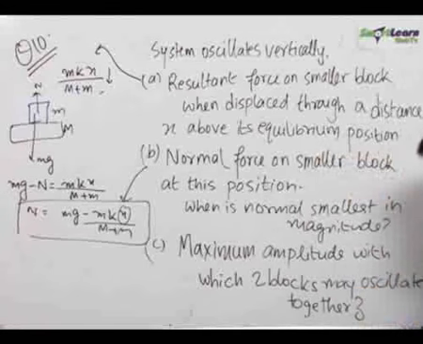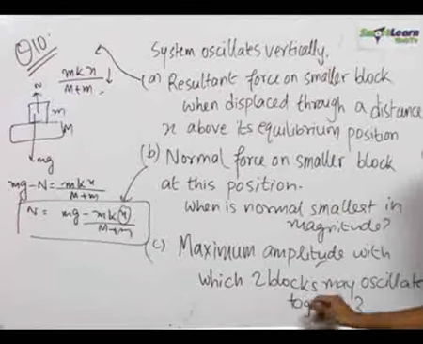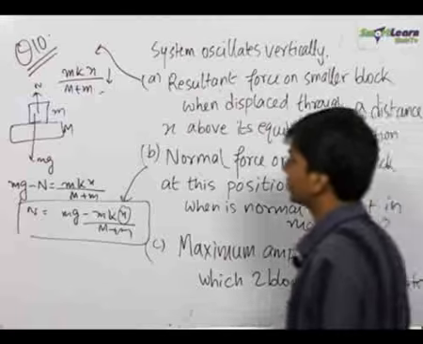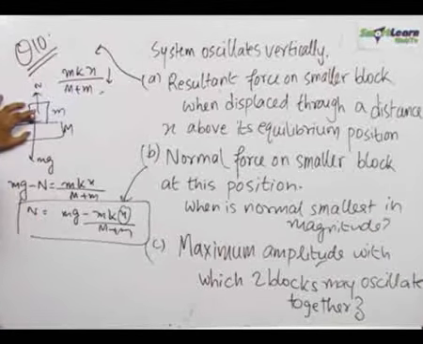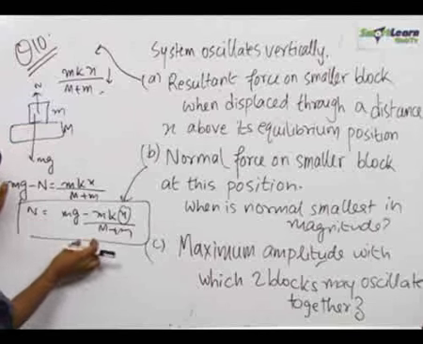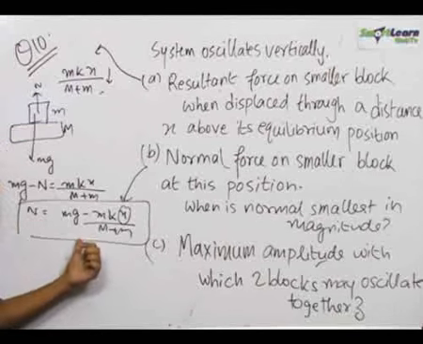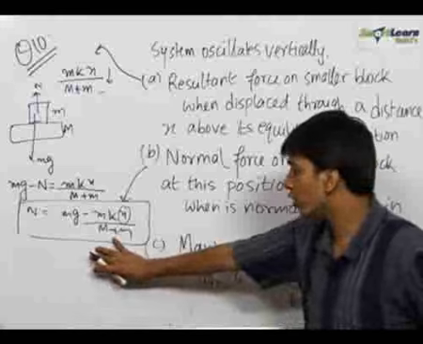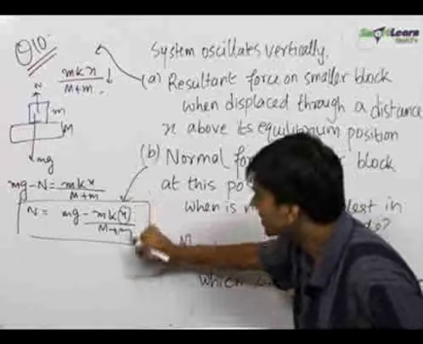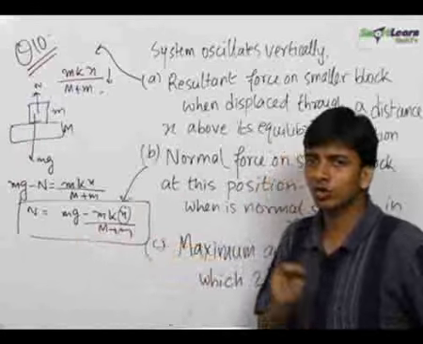Now the third part of the question is the maximum amplitude with which the two blocks may oscillate together. What happens is that these two blocks rise up and the value of the normal reaction keeps decreasing. Now when the normal reaction becomes equal to 0, if we keep on increasing x, there will be a stage when the normal reaction comes out to be 0.